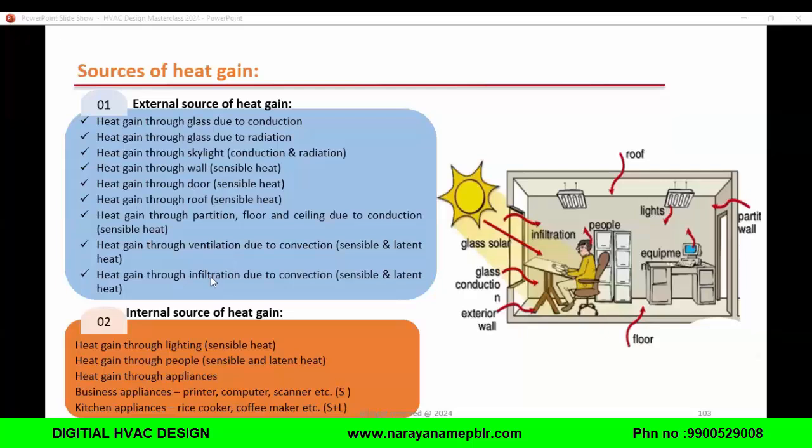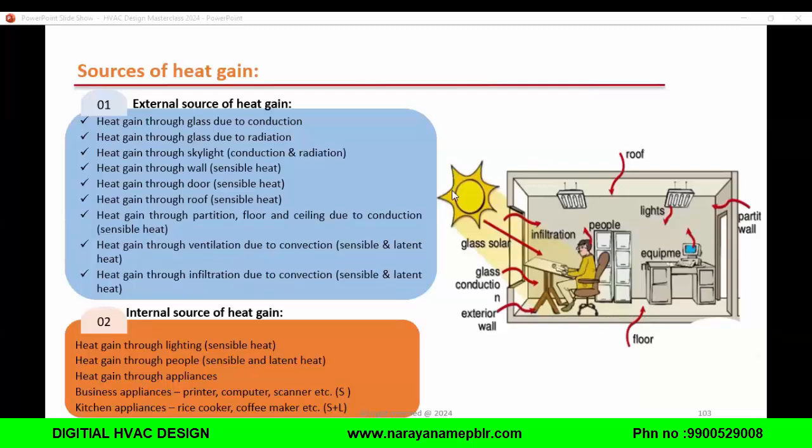Whereas for ventilation, any air related things, what is ventilation? The passing of air from outside. Removing the bad smell from the furniture and computers. Right.